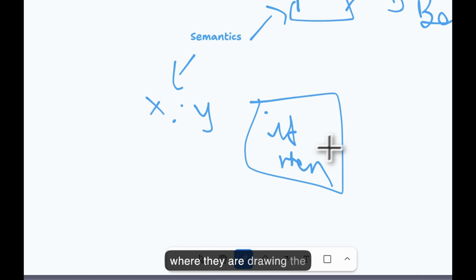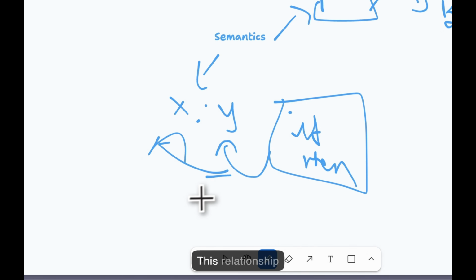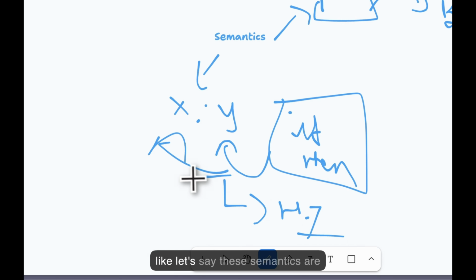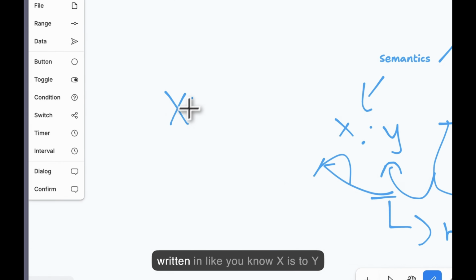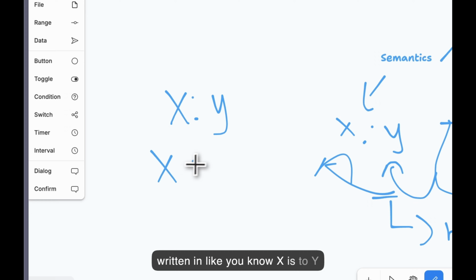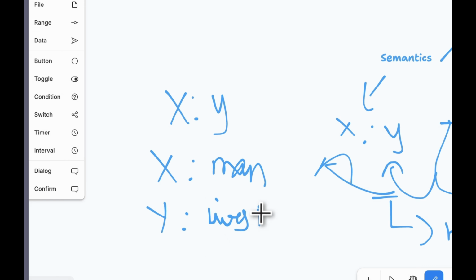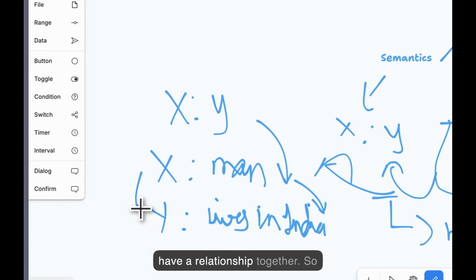They are drawing the conclusion about certain entities. This relationship is defined by human intervention. So let's say these semantics are written like, X is to Y, where X is a man and Y might be something like lives in India. So these two semantics are related and they have a relationship together.